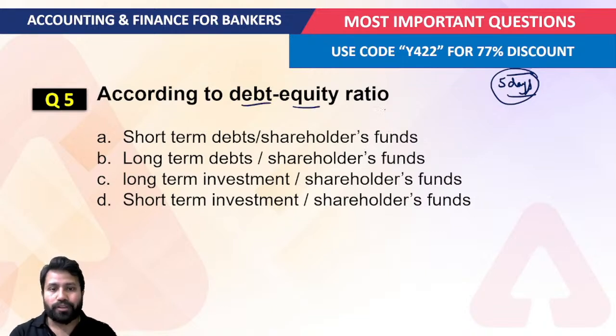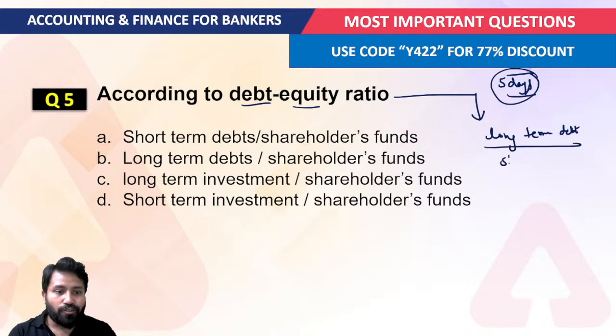Now the very important thing is that you always have to formulate the ratio on your own. How can you formulate that? When we talk about debt, always understand debt is nothing but long term debt. And equity we know is the shareholders' fund.